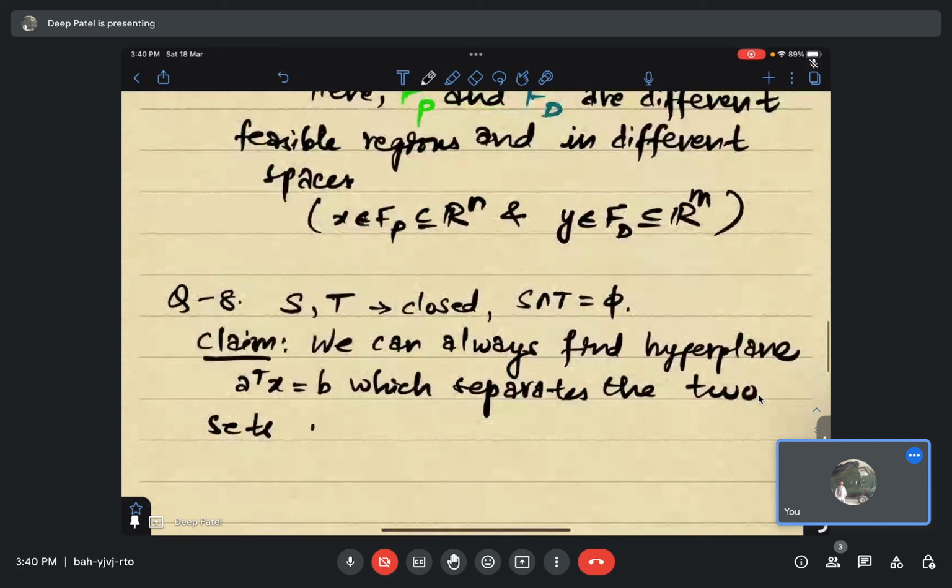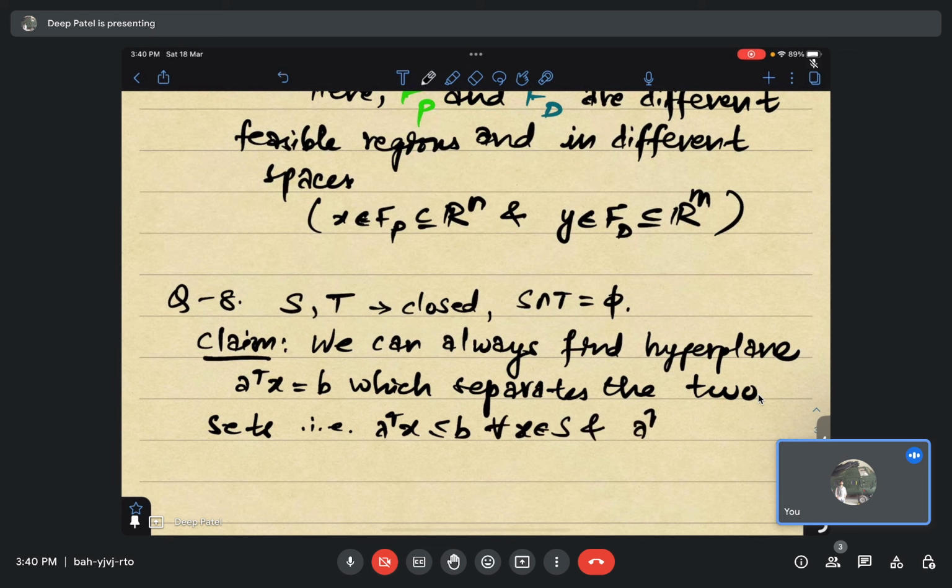That is, A transpose X less than or equal to B for all X in S, and A transpose Y greater than or equal to B for Y in the other set. I'm not saying strict separation, I'm just saying a weak separation, so they could touch at some points on this hyperplane.